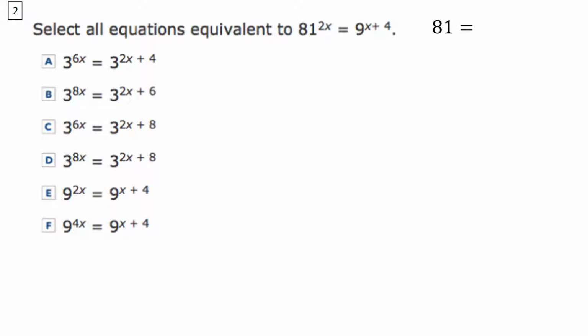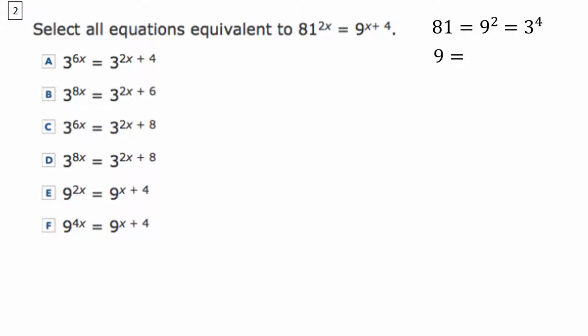What's another way to write 81 as a power of something? Well, what's 9 squared? We should know our squares off the top of our head. Hopefully you look at 81 and you think 9 times 9. But there's another way to do it. Since 9 itself is 3 squared, that means 9 squared is 3 squared squared, or 3 to the 4th power. So it's two different ways we could write that 81.